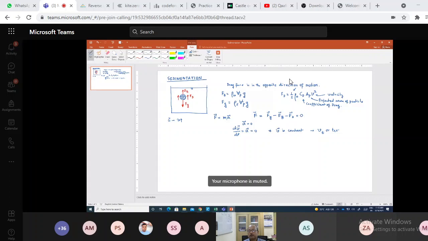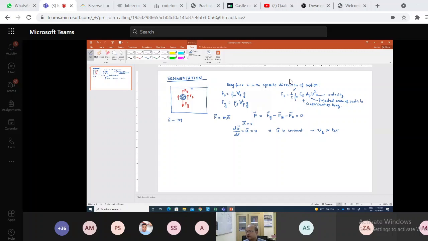So when a particle tries to settle in a medium that creates a lot of shear forces, or a viscous medium, the velocity becomes a constant velocity after a certain amount of time, and this is known as terminal velocity.